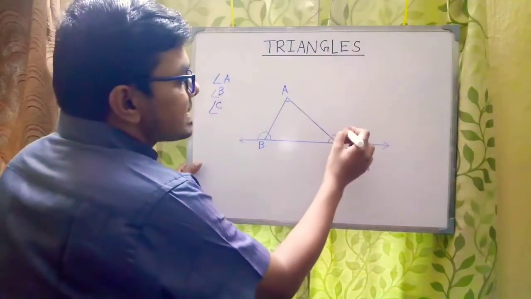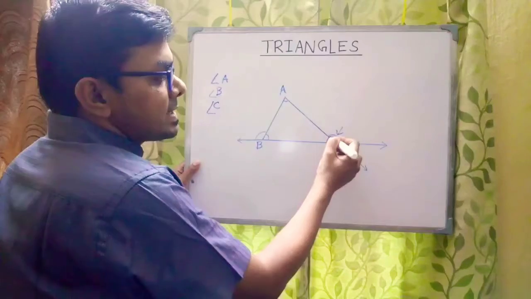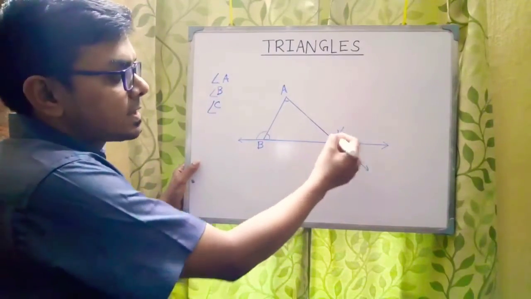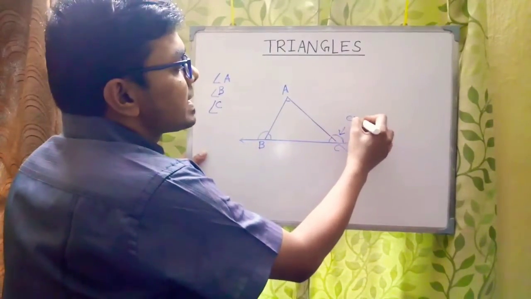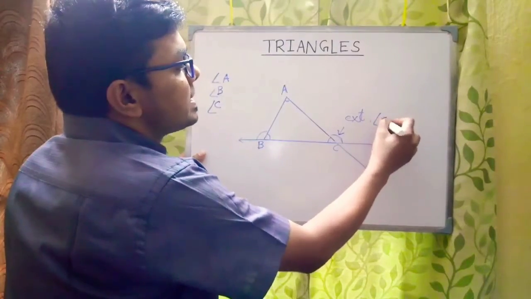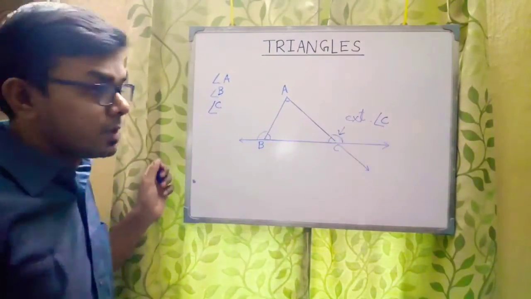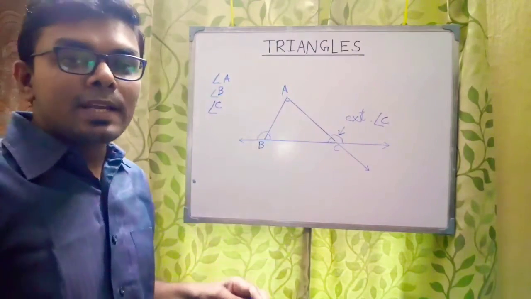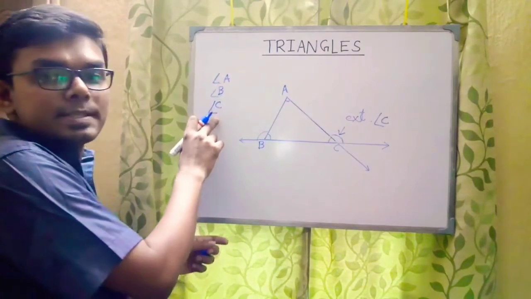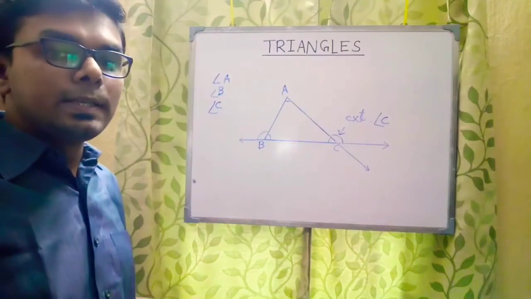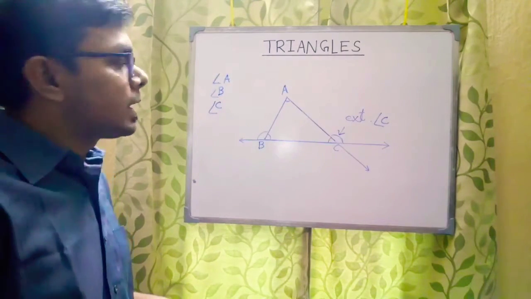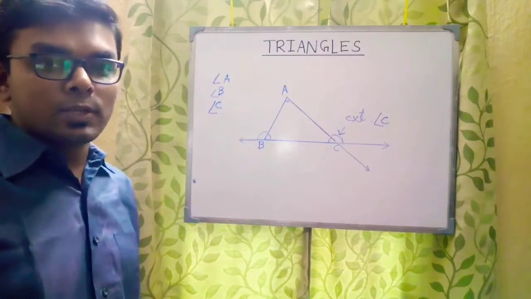For example, this angle which is formed outside is called exterior angle C, because this angle C is formed over the exterior side of this triangle. But generally when we write simply angle C like this, that means the interior angle of this triangle ABC. I hope till now it is clear to all of you.